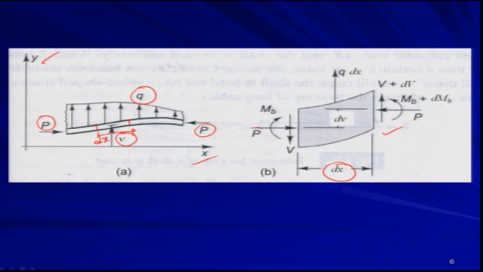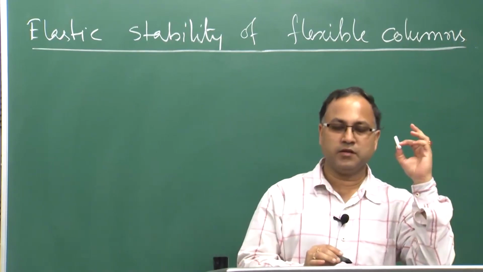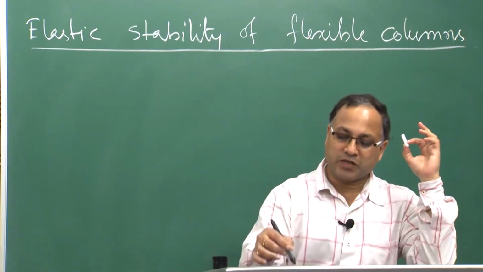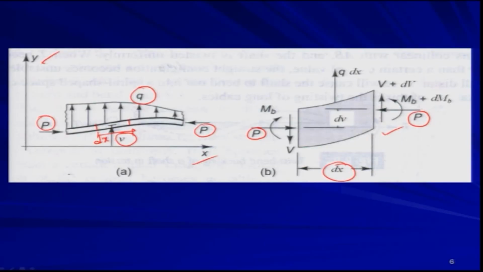Now you have load P which is acting like that. For every cross section you will be getting the compressive load P. If you say this is your positive x face and this is your negative x face, then on the positive x face you get one line of action of P, and on the negative x face you get a different line of action, and the distance between these two lines of action is dV.